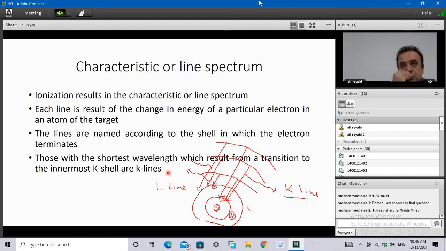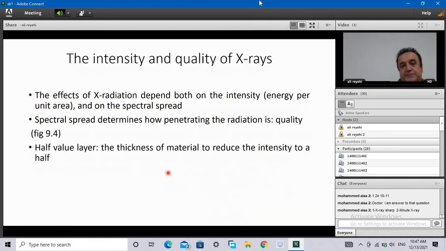So if I ask you whether K line or L line has more energy, you answer K line. Why? Because the K shell is near the nucleus and has the highest binding energy. So the difference between this line and the upper line is greater, and the X-ray produced has more energy than the other lines. It is very simple.